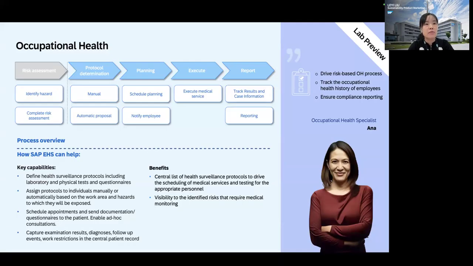Next, based on the risk assessment data, the occupational health specialist can determine the appropriate medical protocol. Using EHS, she can either select a standard protocol manually or let the system automatically propose a set of tests, examinations, and frequency based on the level of risk, for example, annual hearing checks.